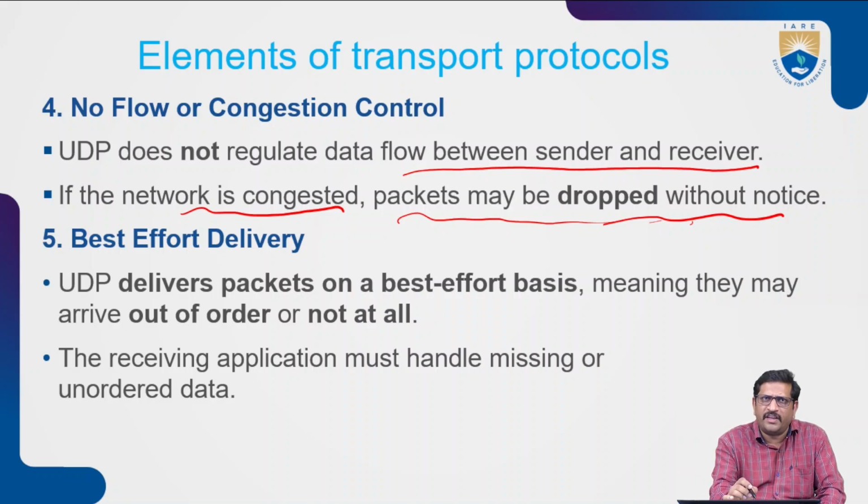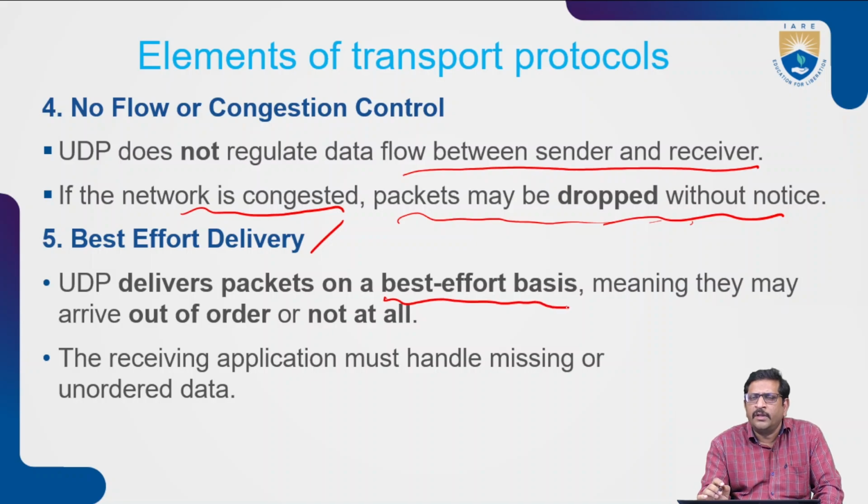Best effort delivery. UDP delivers packets on a best effort basis, showing its best effort to deliver to the destination, within the time bound, within a fraction of a second. So packets may arrive out of order or not at all.